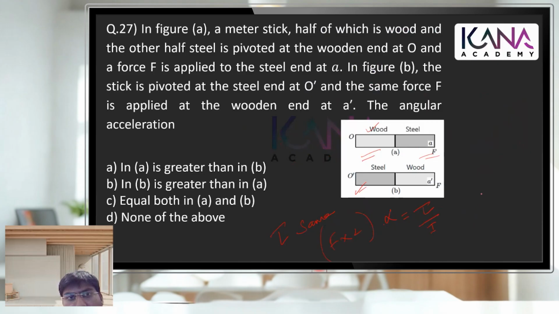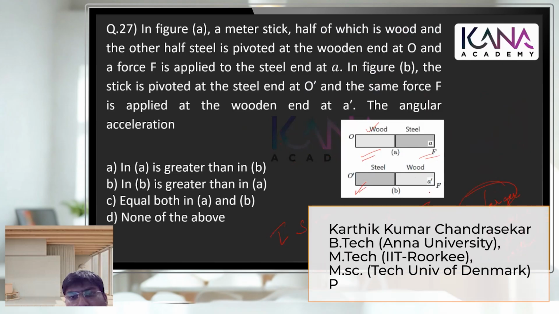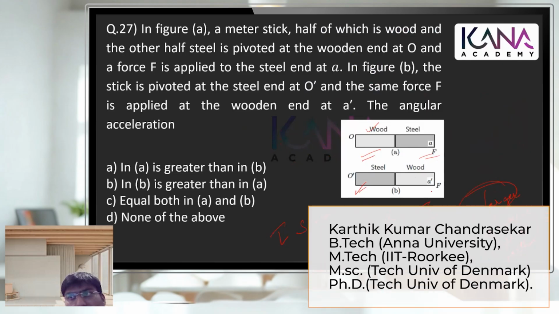Since I is larger when the heavier part is farther, it's the same concept we saw a couple of questions before with aluminum and iron. Relatively, steel is heavier.